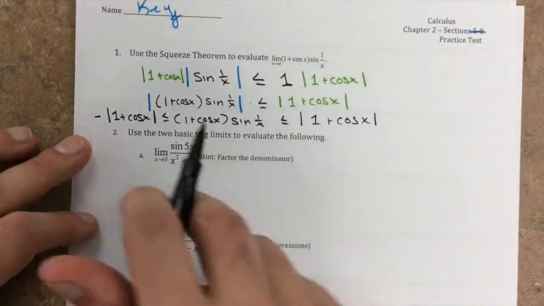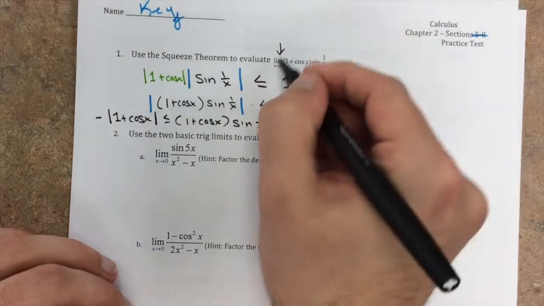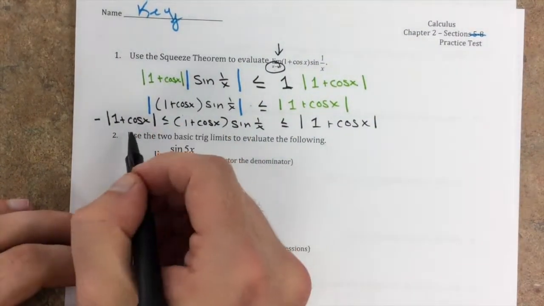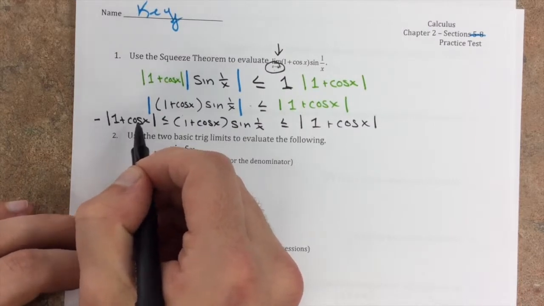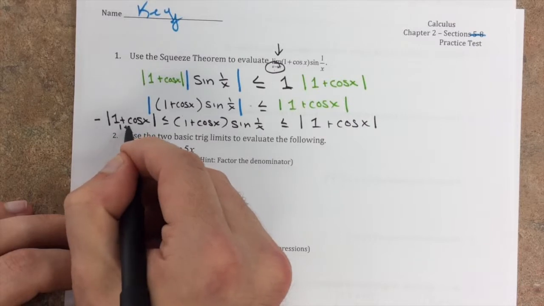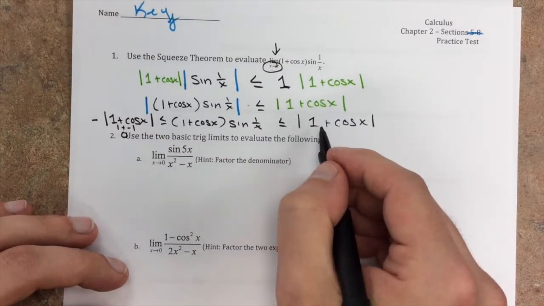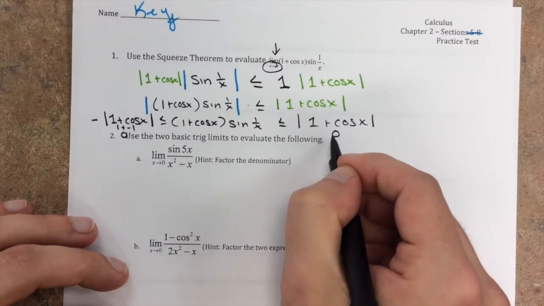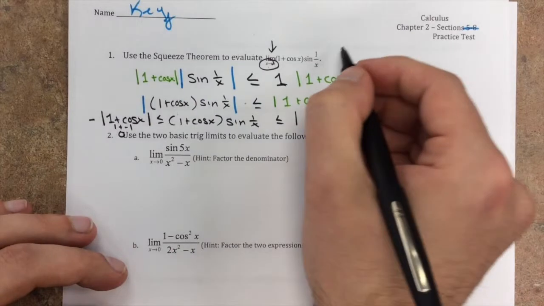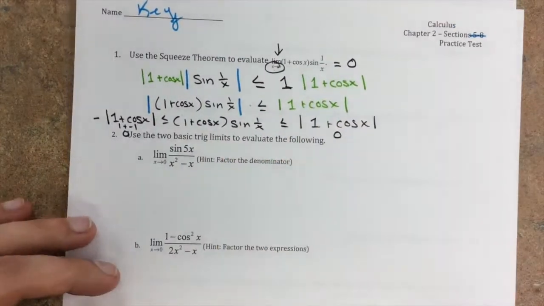So now we have this squeezed between two things, and we can evaluate using our limit, which is x approaching pi. If I plug in pi here, cosine of pi is negative 1. So 1 plus negative 1 is just 0. Same thing over here. So that means that the middle term has to be equal to 0 as well. So that's using the squeeze theorem.